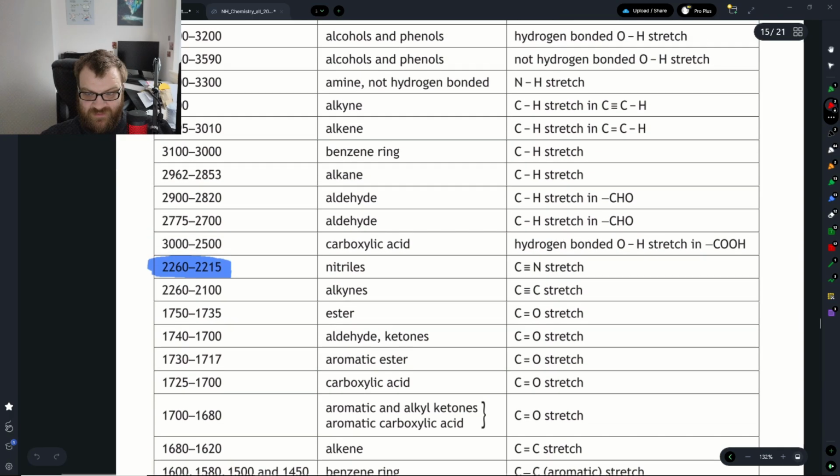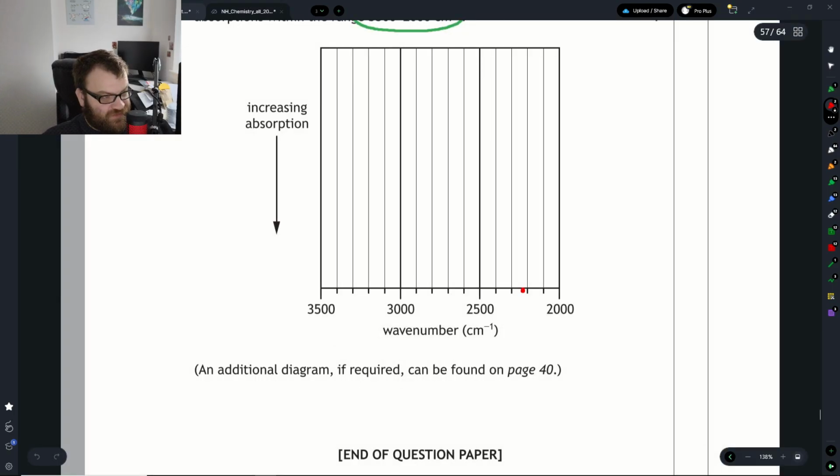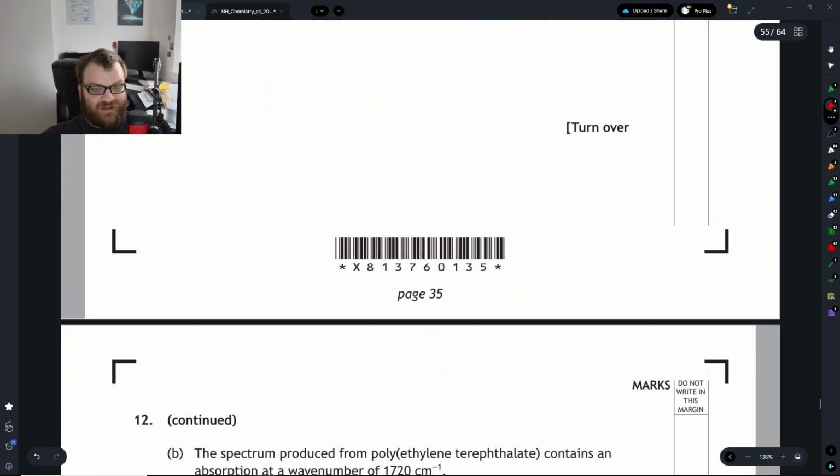Not got them, not got them. This one's looking promising, around about 2800. Something like that. Now, I make it look somewhat like these ones.